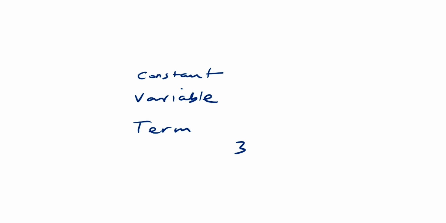You remember when we started our lesson in algebra, we tried to define what a constant, a variable, a term, an expression, and so on, are. Now, we said that a term can be as simple as 3. A term can be as simple as s. And then a term can be as complicated as 3s squared y cubed z.